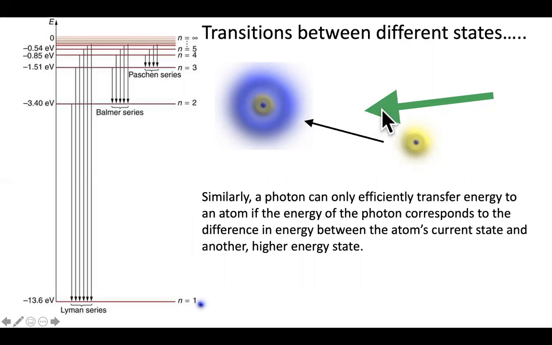So the light has to have the right energy, the right frequency, the right wavelength to make one of these transitions. Otherwise, this interaction isn't going to happen and the light's just going to sail through. So this applies not only to what kind of light the atoms produce if they're in excited states, but also the kind of light they absorb.